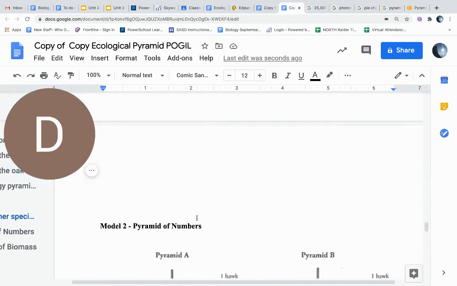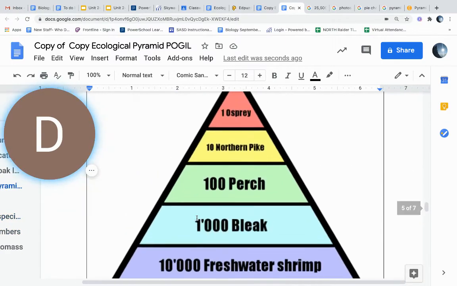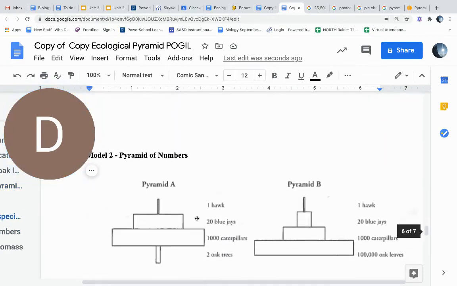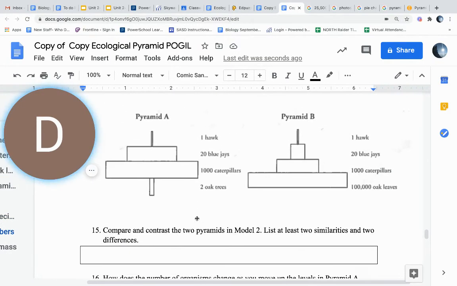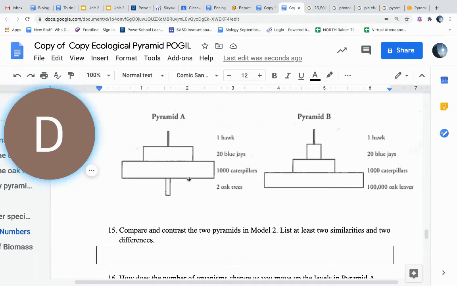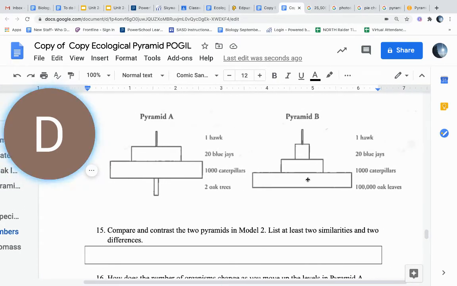All right, and in Model 2, a pyramid of numbers. This is really what this pyramid up here was getting at, a pyramid of numbers. So, all right, let's take a look at these 2 pyramids. Pyramid A, 2 oak trees, whereas Pyramid B has a whole lot of smaller producers, which are leaves. Number 15, compare and contrast the 2 pyramids in Model 2.